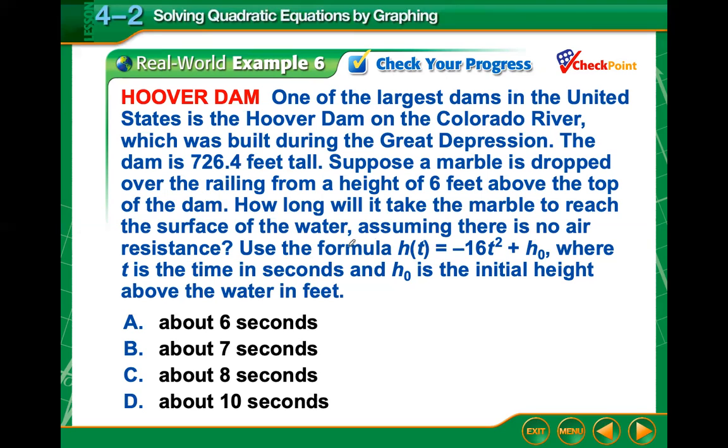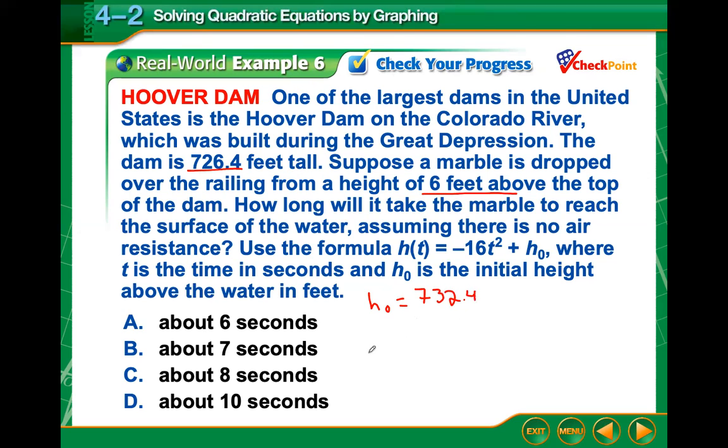So this is very similar. We need to know how high the marble is when we start. I know it's 726.4, but we need to make note that they told you it's also 6 feet above that. So what we're going to have for h sub 0 is 732.4.